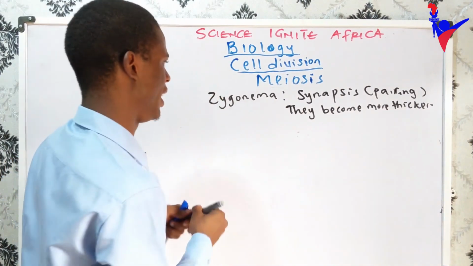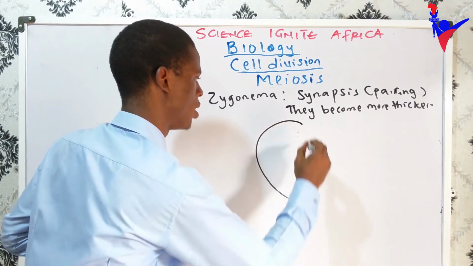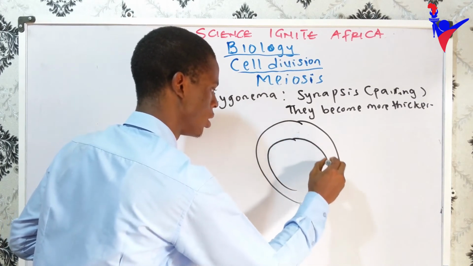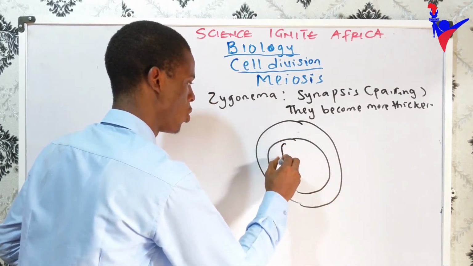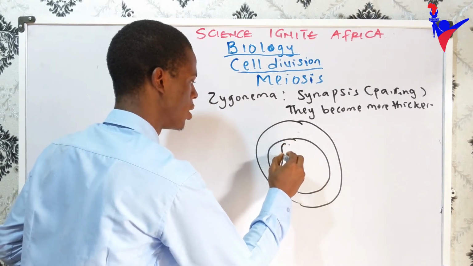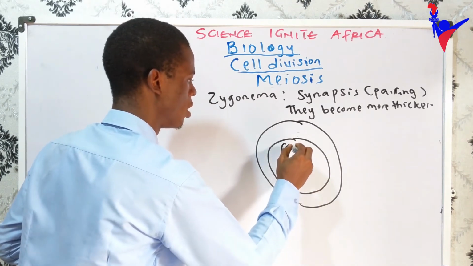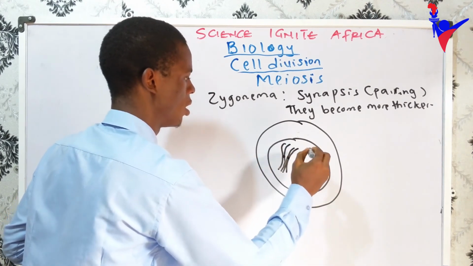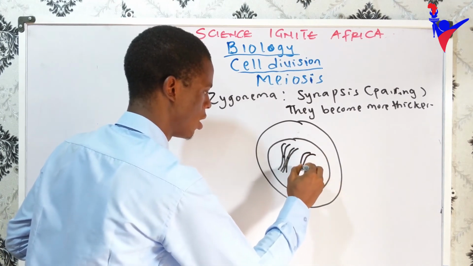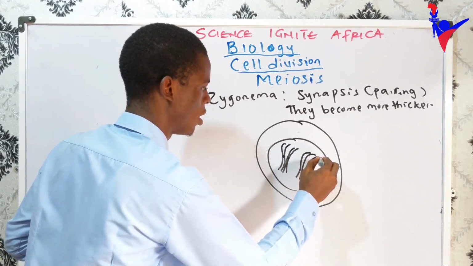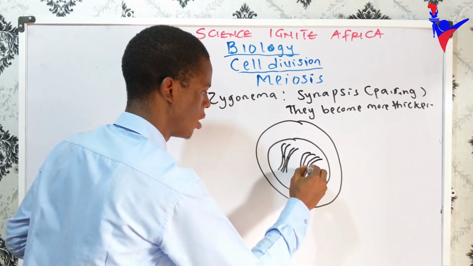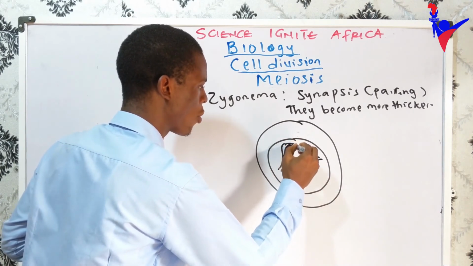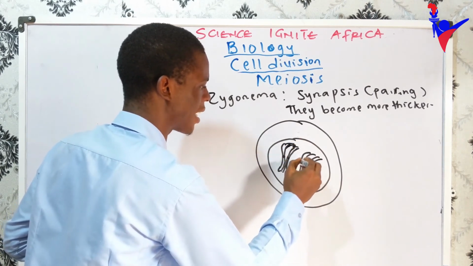This is the diagram depicting the zygonema stage. So the chromosomes pair up to form a thicker structure.